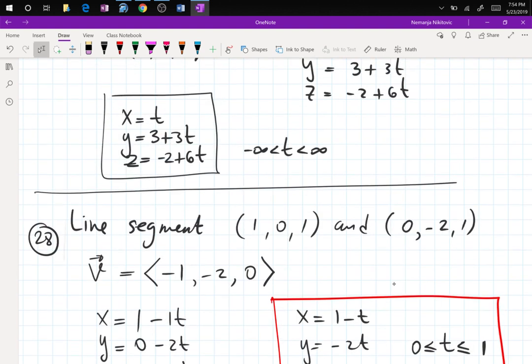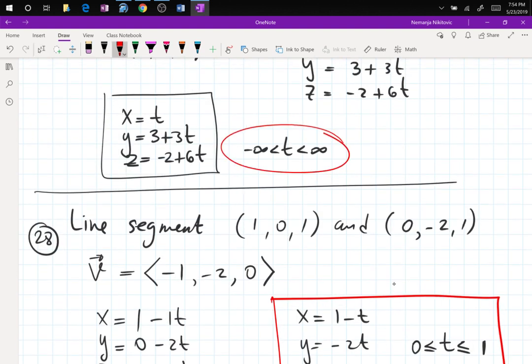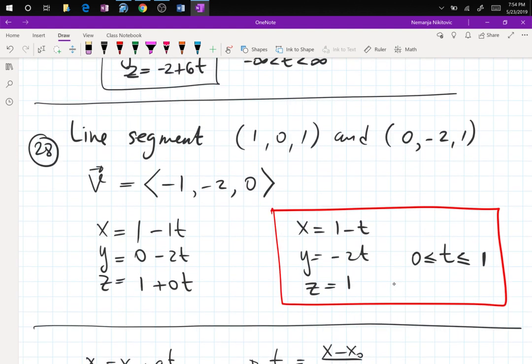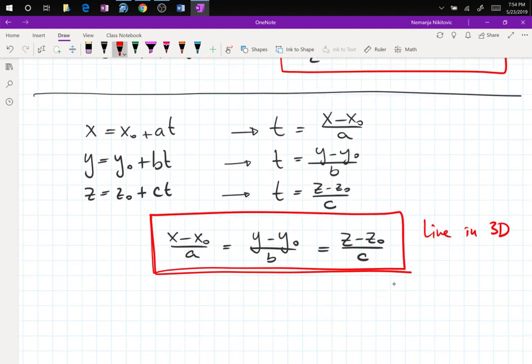The difference between the two is that the previous example was infinite, right? And now the finite line has the beginning and the end, and those were the endpoints that were given in the problem.